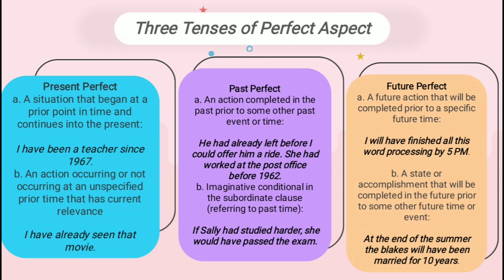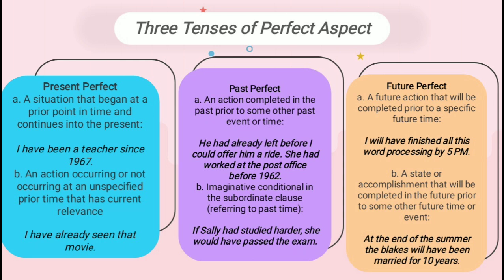Present perfect is a situation that began at a prior point in time and continues into the present. Meaning it is the past time up until now. For instance, I have been a teacher since 1967.